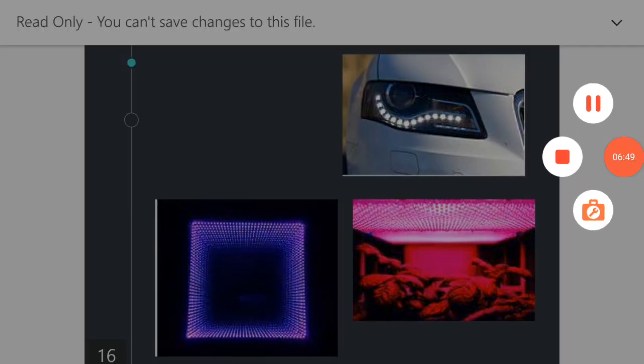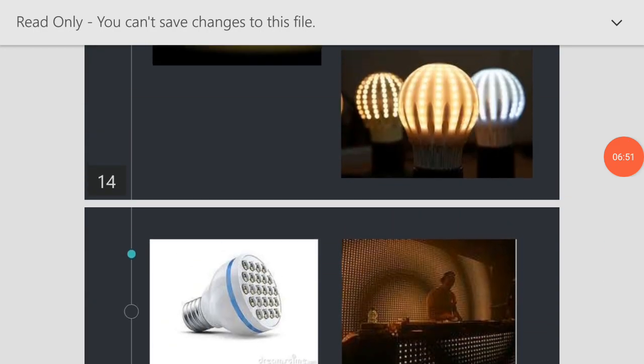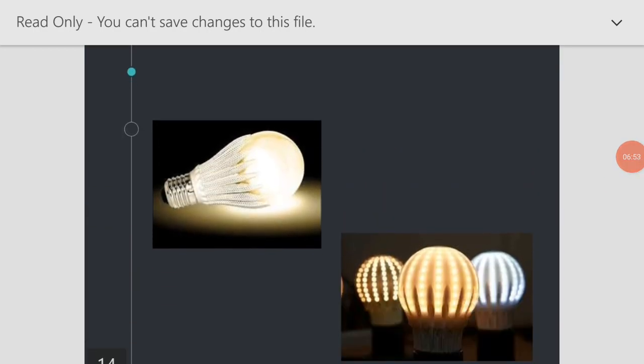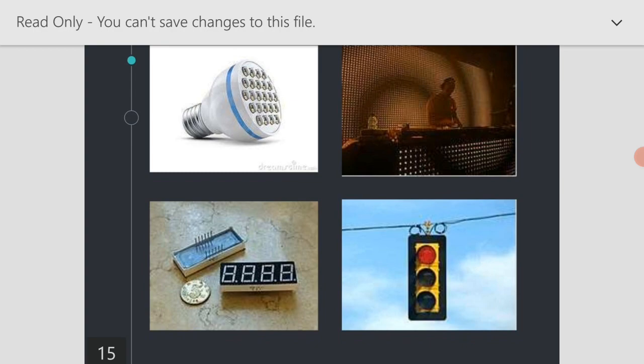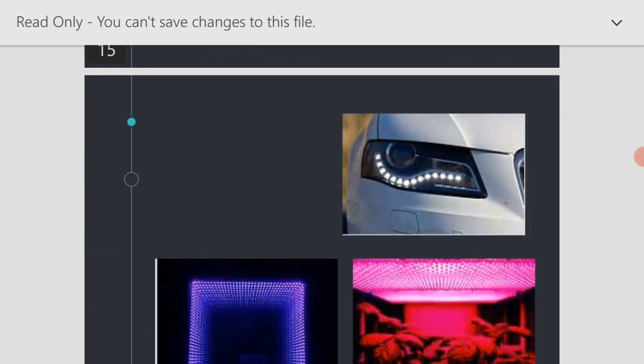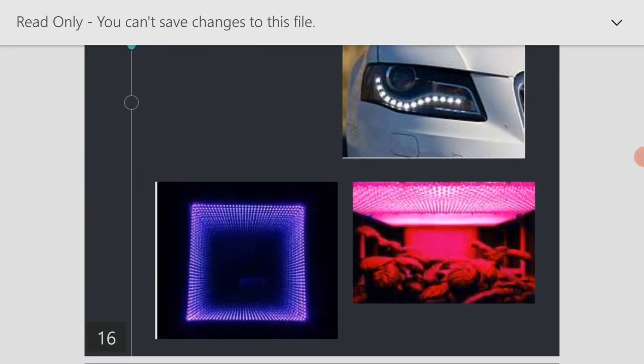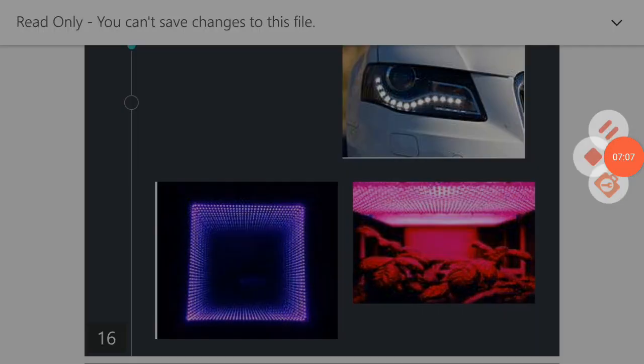Where the LED is used practically: in bulbs, we see here LED display in the traffic light system and also in cars and in lights. Thank you.